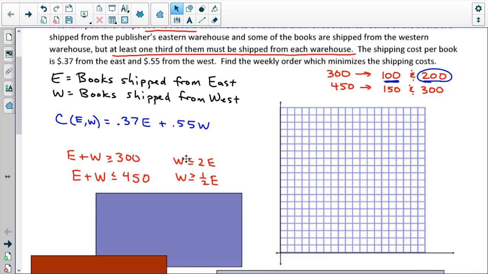And the reason I put W over here is because W is kind of like our Y variable. So I wanted to write them in an easier format for us to see, with slope intercept form.